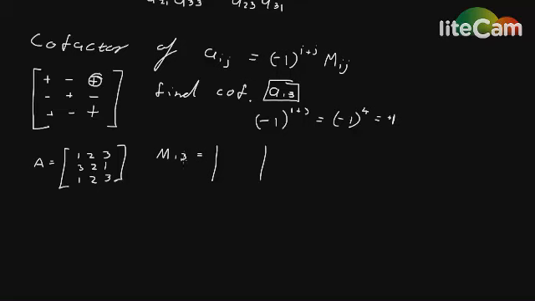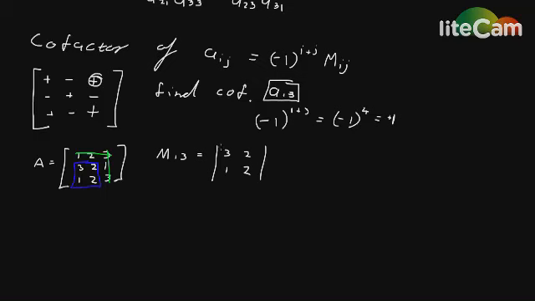We delete row 1 and column 3, and you can see that the remaining matrix is this one right here. So we're going to take the determinant of 3, 2, 1, 2.